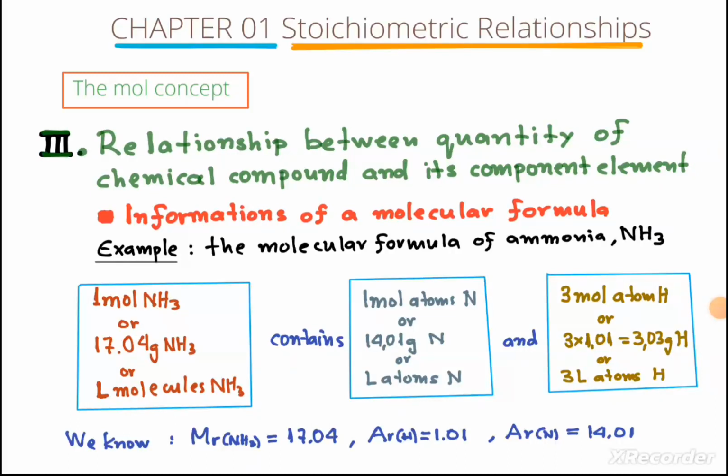For example, the molecular formula of ammonia is NH3.